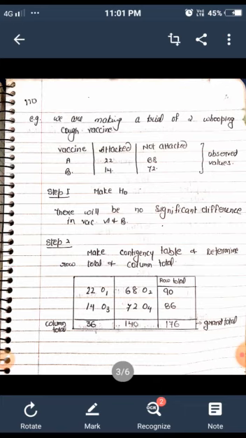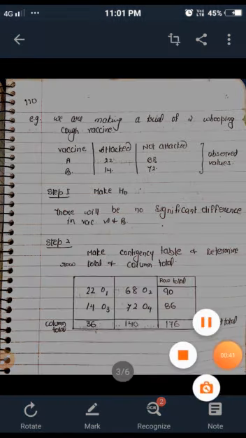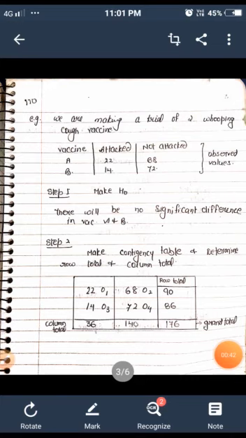Vaccine B attacked 14 people and not attacked 72. So actually these are all observed values. So these are our observed values.